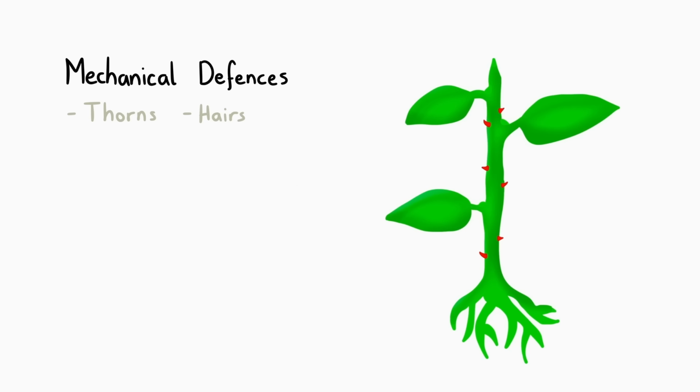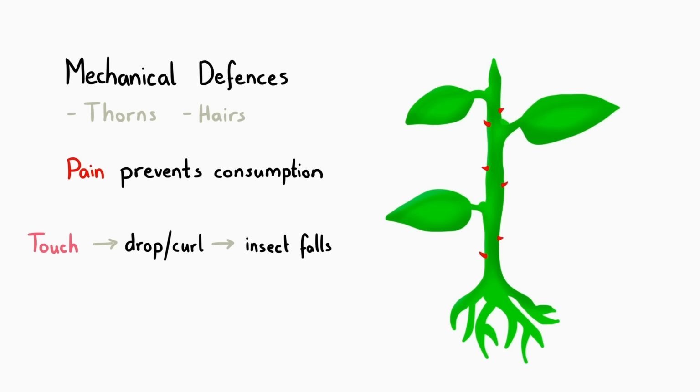In addition to physical and chemical defenses, plants have evolved mechanical adaptations to protect themselves. Some plants have adapted to grow thorns and hairs on their surfaces. These structures stop animals from touching and eating them by making the plant difficult or painful to consume. Other plants have evolved to drop their leaves or curl when touched.